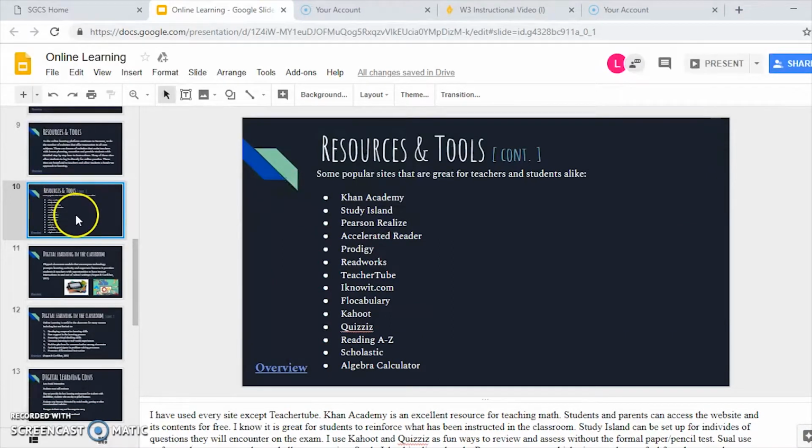Some popular sites that are great for teachers and students alike: Khan Academy, Study Island, Pearson Realize, Accelerated Reader, Prodigy, ReadWorks, TeacherTube, iKnowIt.com, Vocabulary, Kahoot, Quizzes, Reading A through Z, Scholastic, and Algebra Calculator.